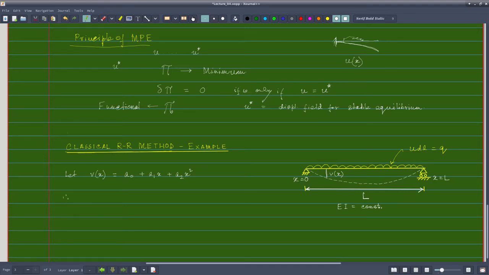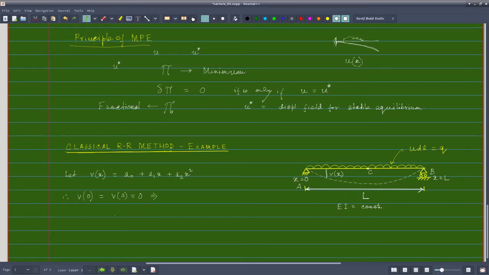If the left end is A, the right end is B, and the midpoint is C, then V(0), the deflection at A, is equal to 0.